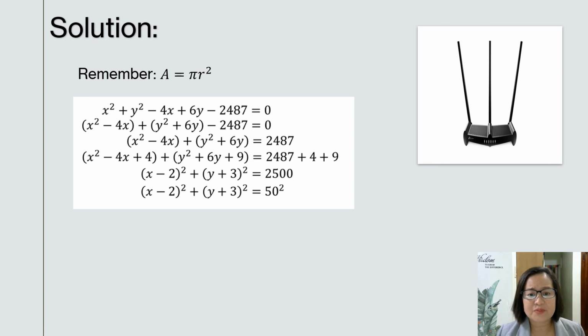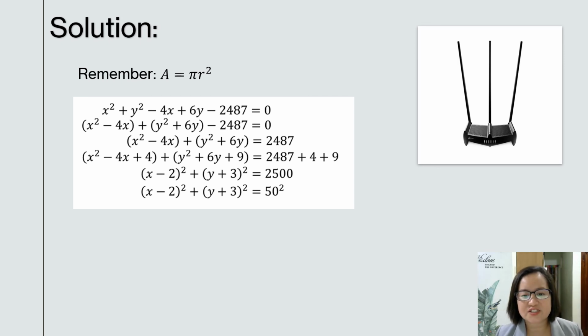The last step is to factor out and simplify the equation. The factored form of x squared minus 4x plus 4 is the square of x minus 2, while the factored form of y squared plus 6y plus 9 is the square of y plus 3.